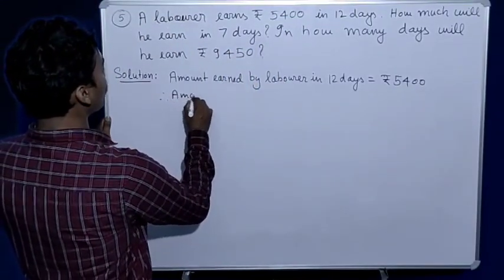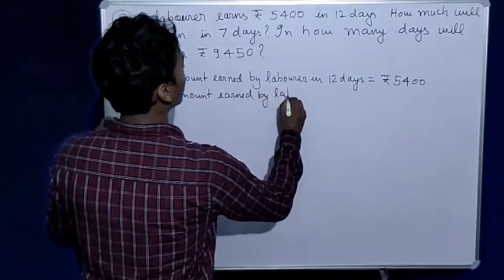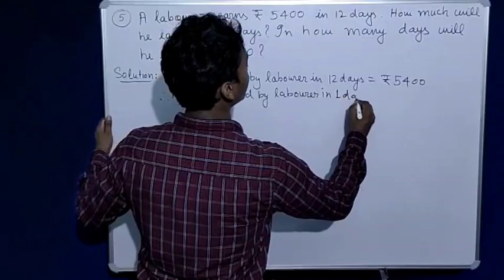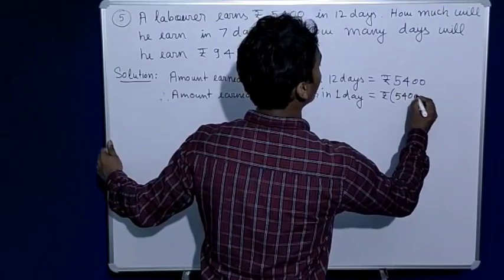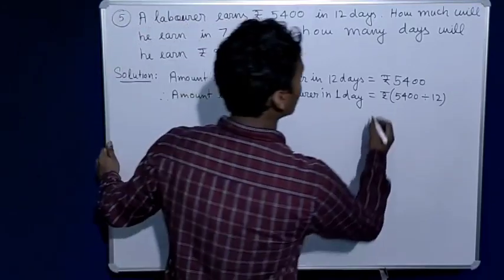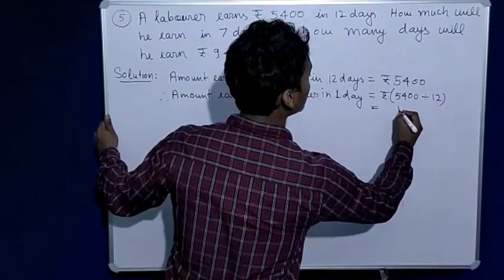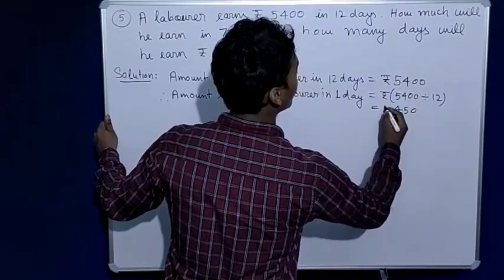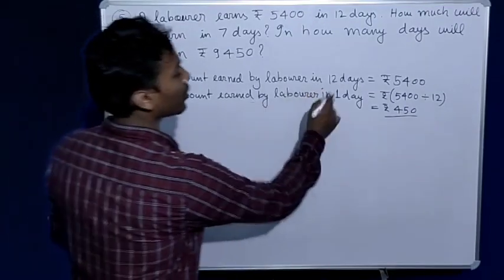Therefore, the amount earned by the laborer in 1 day will be equal to rupees 5,400 divided by 12. Now what will we get after dividing? Let's divide. 12 4s are 48, then 12 5s are 60 and 0. So rupees 450. That is the amount earned by the laborer in 1 day.